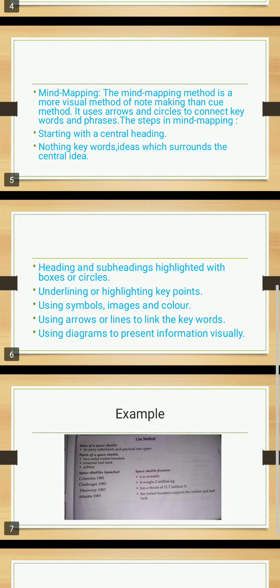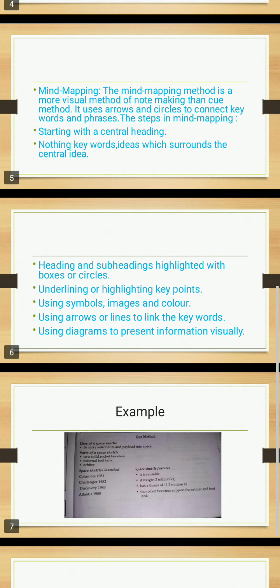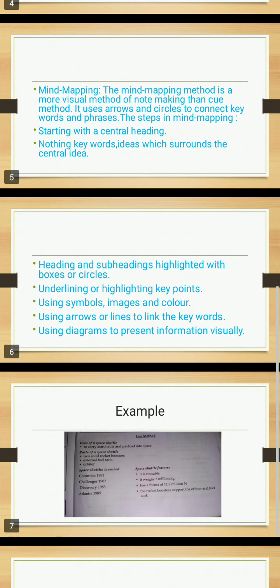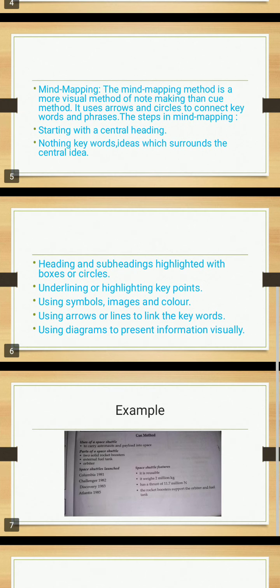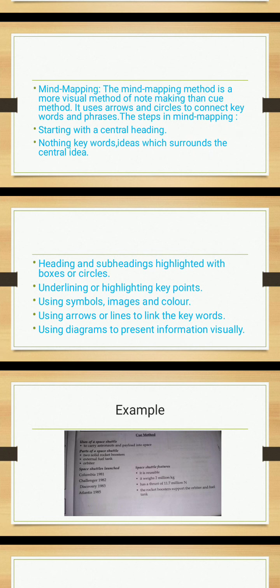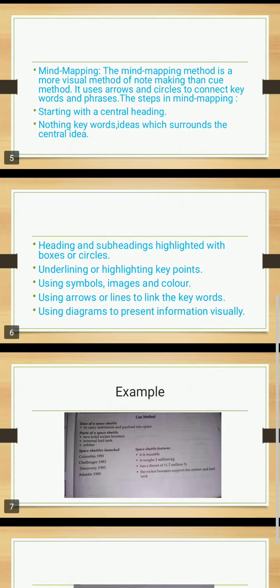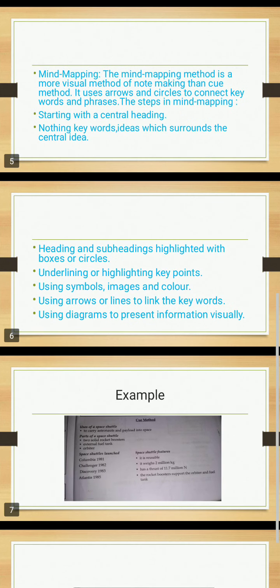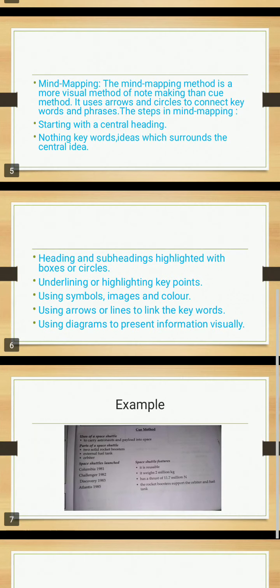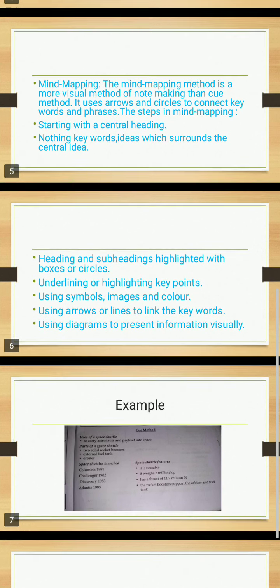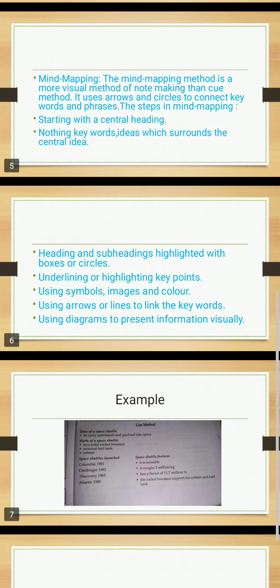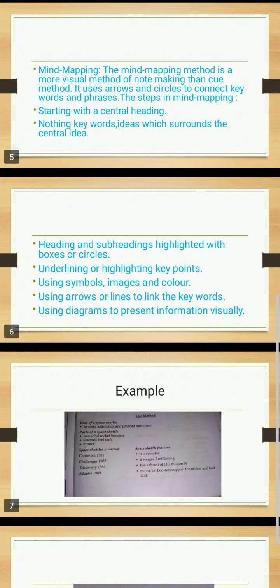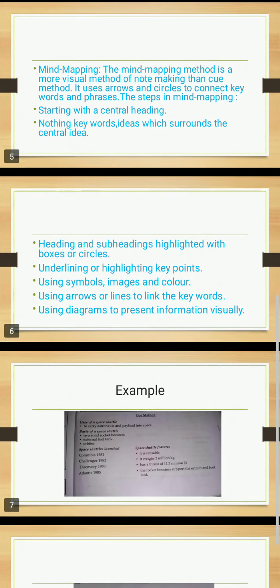The steps in the mind mapping method: the first step is starting with a central heading. The second is noting keywords and ideas which surround the central idea. These two points are very important in this mind mapping method.